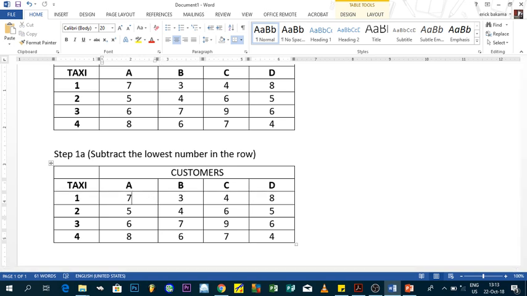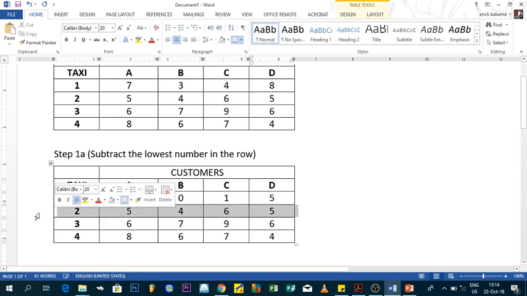So we have 7 minus 3, which gives us 4. Then 3 minus 3 gives us 0. By the way, I'm going to put the numbers in the table everywhere, but it's only the first cell where I'll show the number minus the smallest number so that you understand where they come from. So 4 minus 3 gives you 1. 8 minus 3 gives you 5.